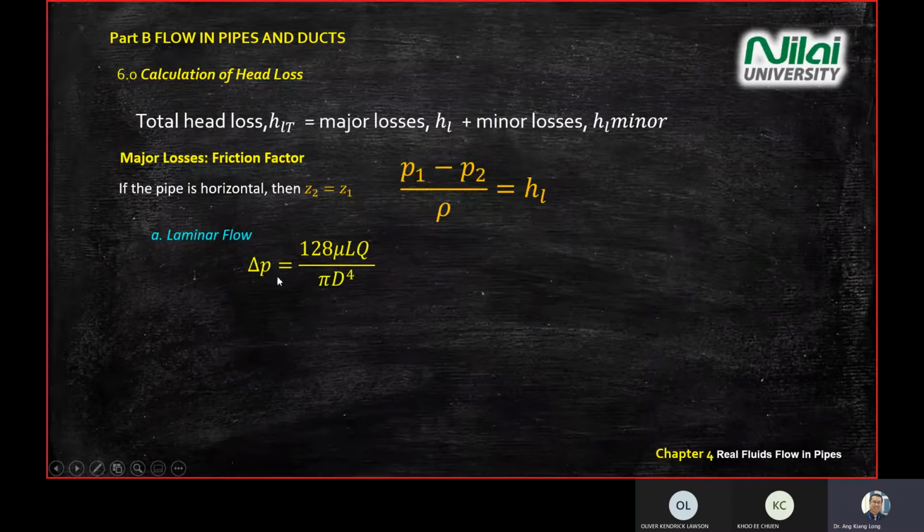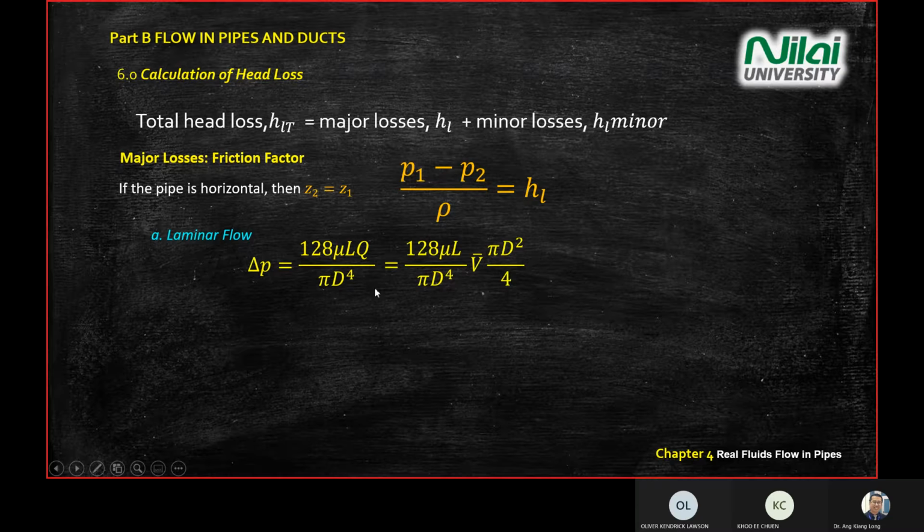For laminar flow, your delta P is given by this equation. You can write it in three forms. You can either use this form, or you can transform your Q into L and your average velocity and the area that you have.